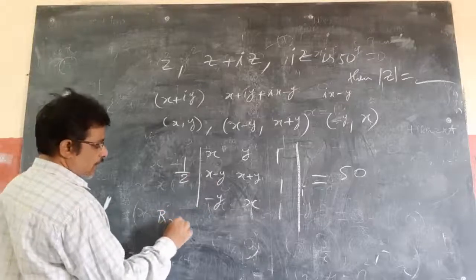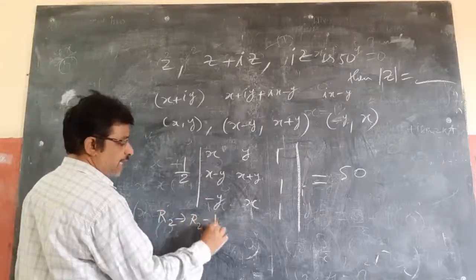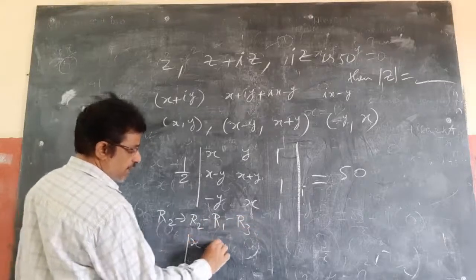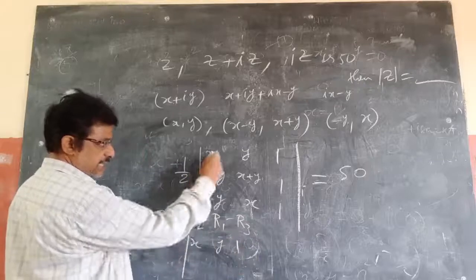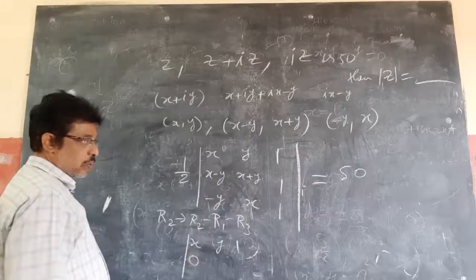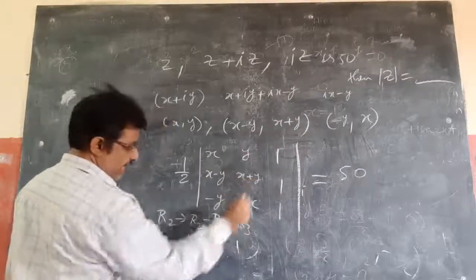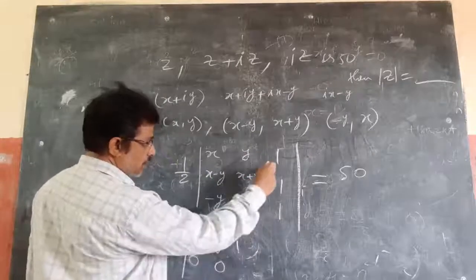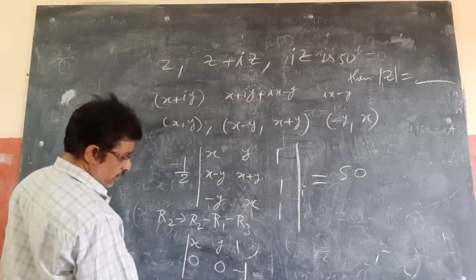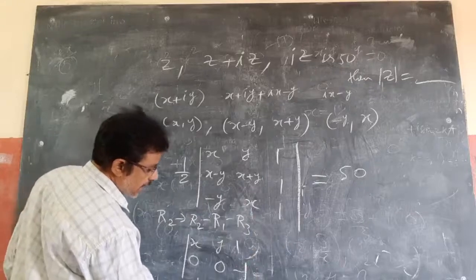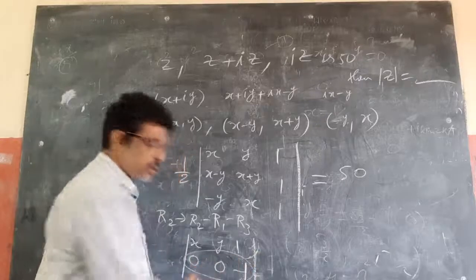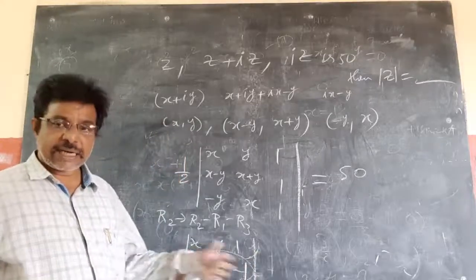In the second row, x minus x cancels and minus y minus of plus y cancels, giving 0. Here also x cancels, y cancels, giving 0. In the last entry, 1 minus 1 minus 1, so minus 1 is left over. Minus y, x, 1 is the third row. Because I got 2 zeros, I can expand directly along that row.